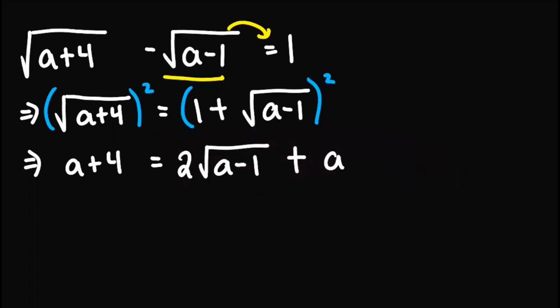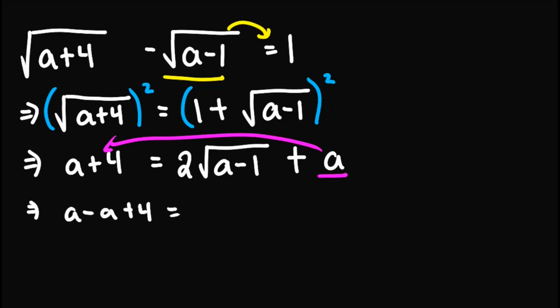So as you can observe, we are actually left with only 1 radical. So we can simply solve this like how we used to in the previous examples. So we isolate this one. What we do is we move this a to the left side of the equation to obtain a plus 4 minus a equals 2 square root of a minus 1.